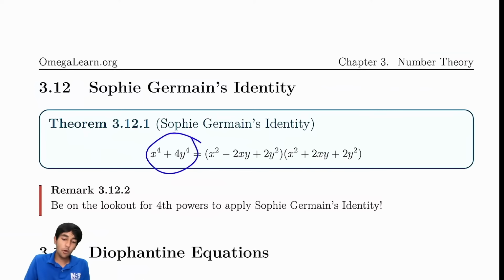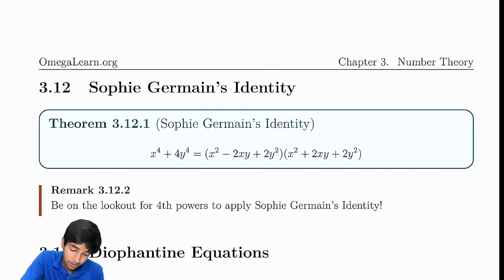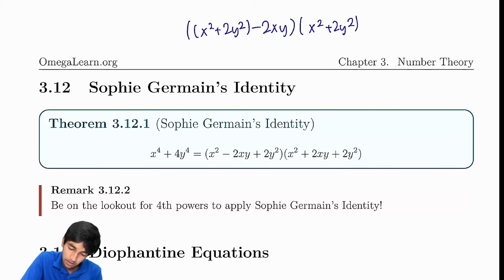x to the fourth plus 4y to the fourth is x squared minus 2xy plus 2y squared, and then x squared plus 2xy plus 2y squared. So the reason this works is difference of squares. x squared plus 2y squared minus 2xy, and then x squared plus 2y squared plus 2xy.